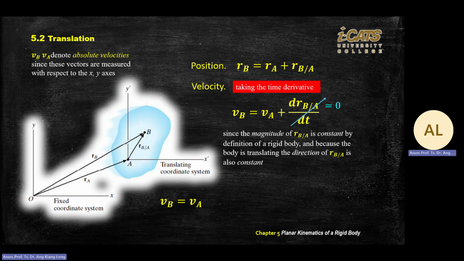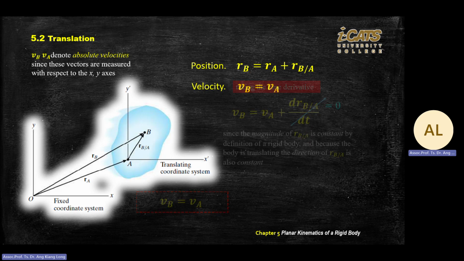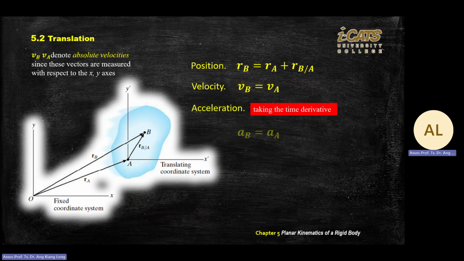What about acceleration? Same. Acceleration is dv dt, you get acceleration, also same. So you take dv dt, you get aB equal to aA. So it means acceleration is also the same, like the vector of velocity.